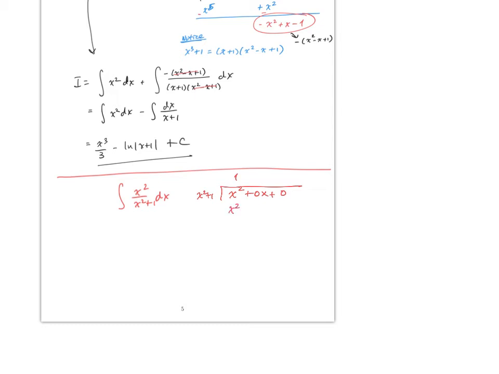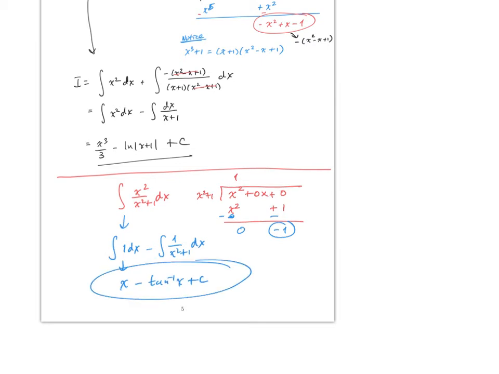This is x squared plus 1. Then you change the sign. So it will give you 0. This is minus 1. So then this one will be 1 minus 1 over x squared plus 1. And remember, the integral of this is x, and the integral of this one is tangent inverse. So we did this one a couple times before. So now this is from the point of view of partial fractions.